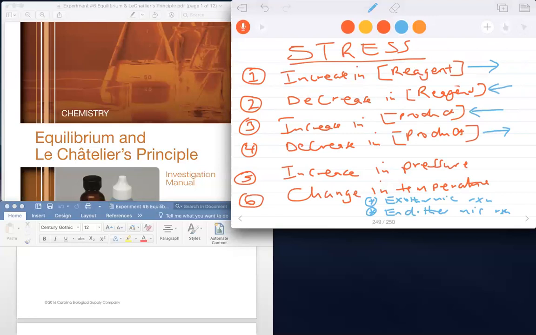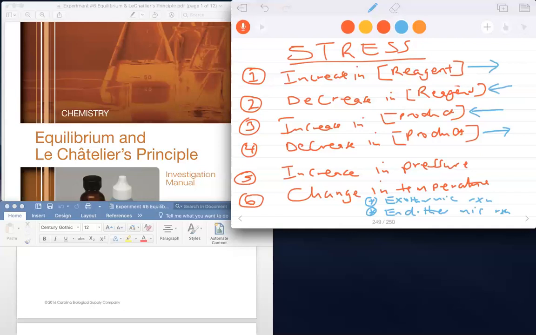That is what we will be studying in this lab. There are two stresses we will study in this lab. One is the change in concentration. All these, 1, 2, 3, summarize change in concentration.